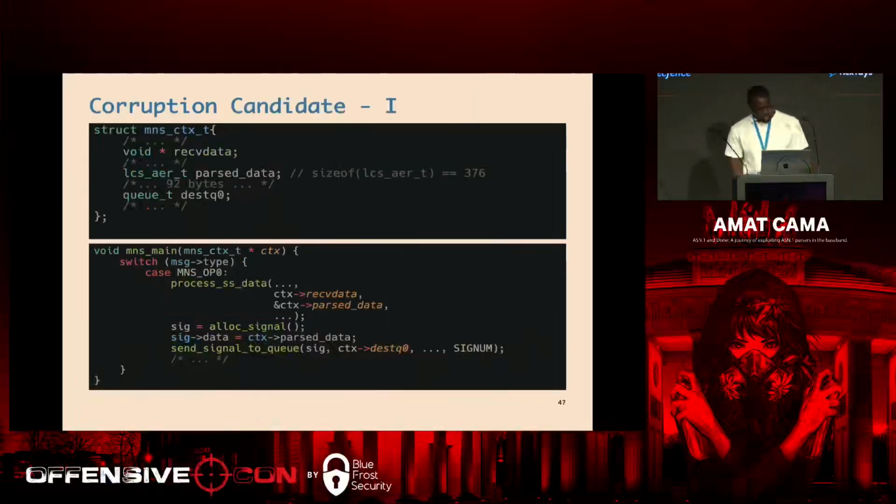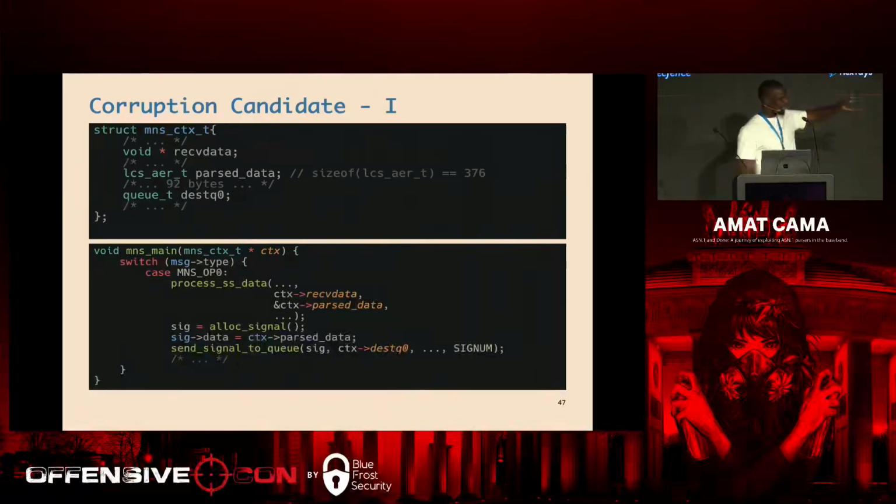So the idea was to look for corruption candidates. Remember when I was talking about the tasks and how they allocate a context object at the start? This context object is essentially for the supplementary services task.